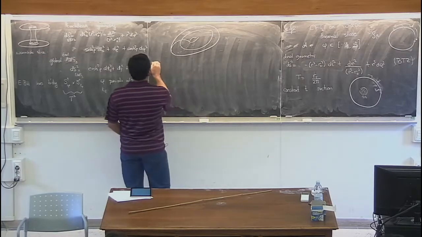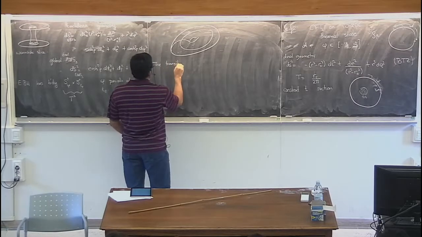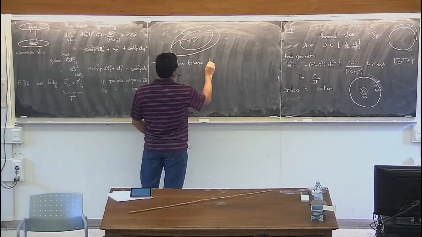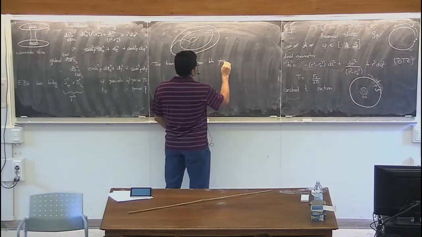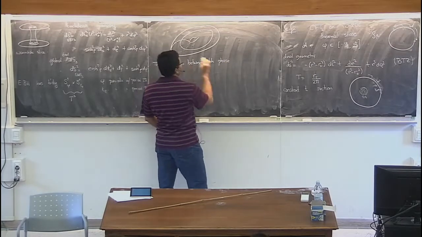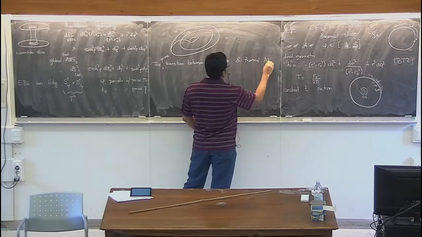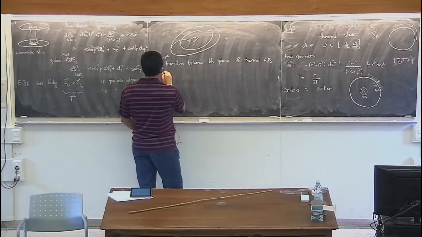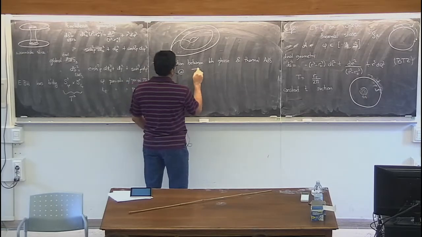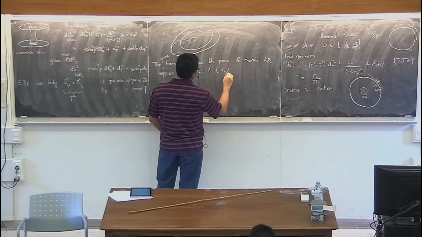So the analog of our transition, the phase transition between the black hole phase and the AdS phase, and thermal AdS happens at r plus equals 1, or really r plus over L_AdS equals 1.